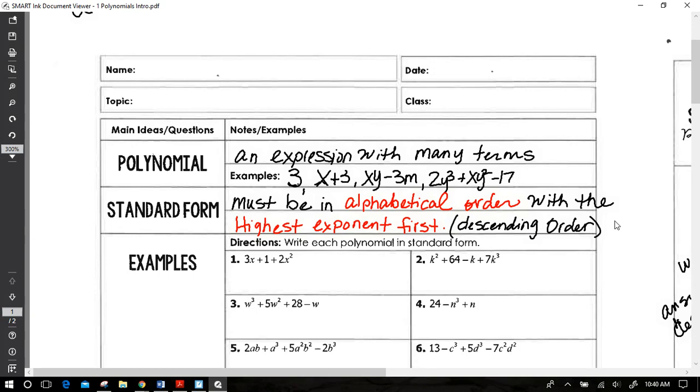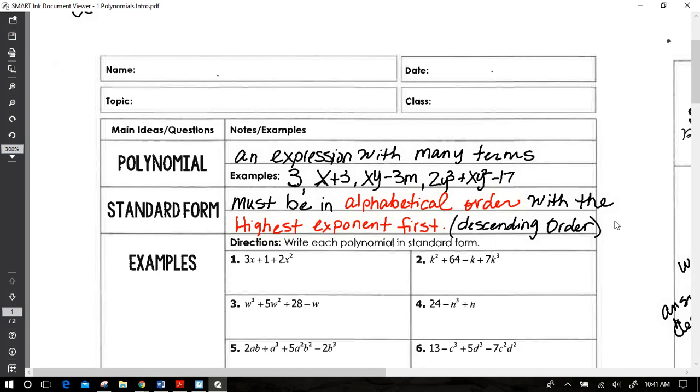Okay, so the proper name for this is descending order. Remember, descending is going down. Okay, so let's jump right in here with example number 1, and this is probably going to feel pretty familiar to you. All right. So it's kind of like combining like terms like we've done before, but then also rearranging and putting them in the right order.